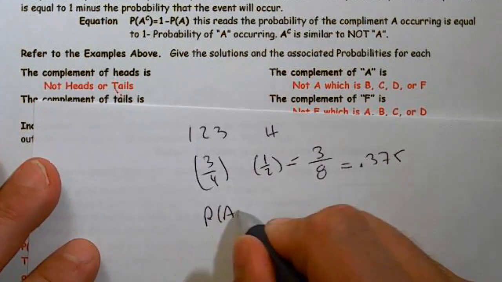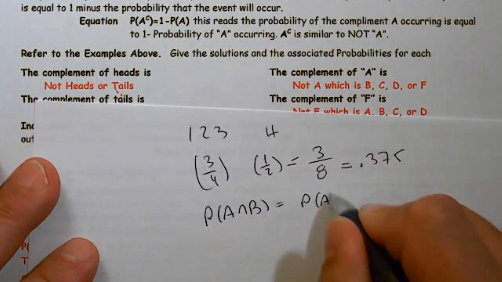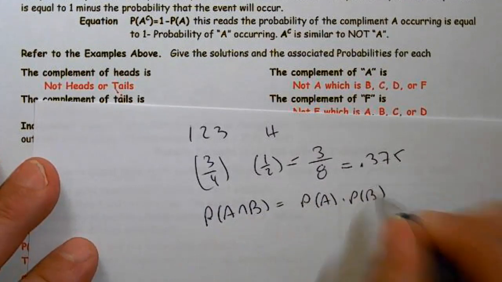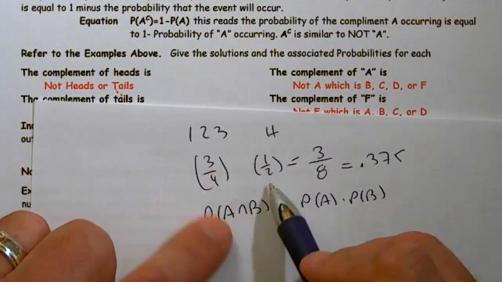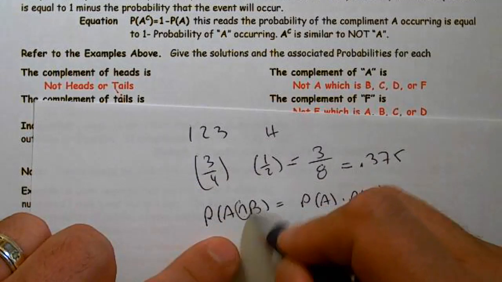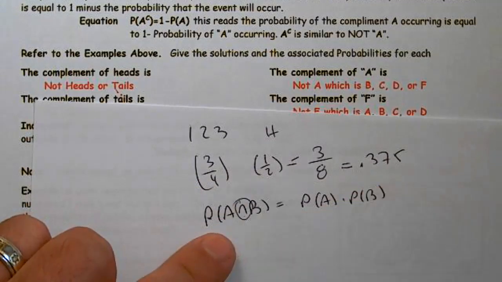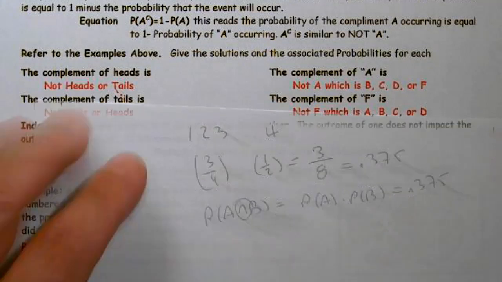The probability of A and B equals the probability of A times the probability of B. That's what we just said. We basically said the probability of the 1, 2, 3 and the probability of a heads. Now notice, that's the overlap symbol, and we just said that our overlap was going to be 0.375.